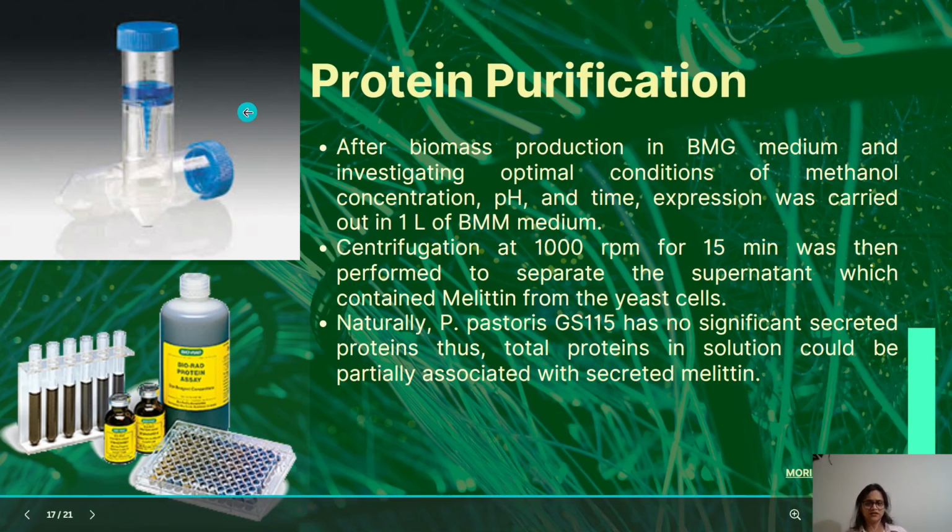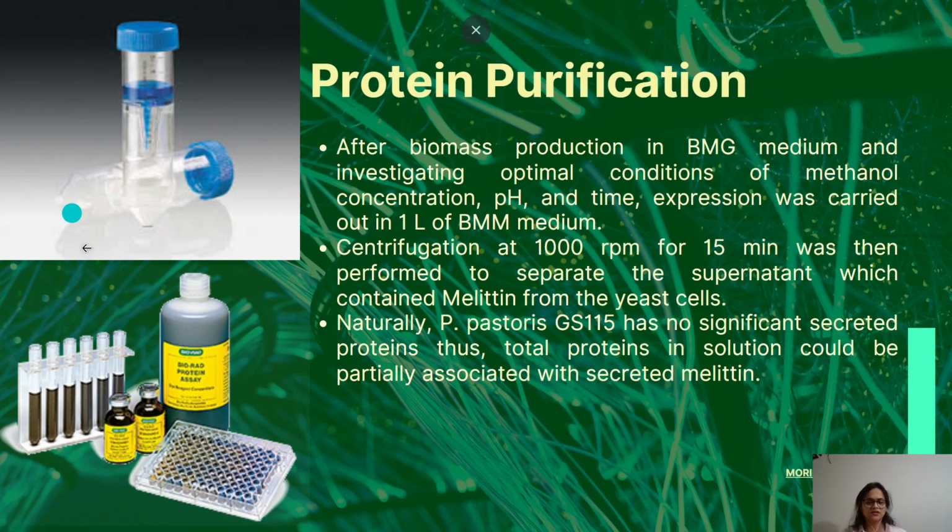This was done using the Vivaspin 20 apparatus. These separated the large protein molecules which are larger than 5 kDa, and then there is complete removal of the remaining proteins such as that released from the disrupted yeast cells in expression. By this method, the melittin remained in the solution, as its molecular weight is less than 5 kilodalton.